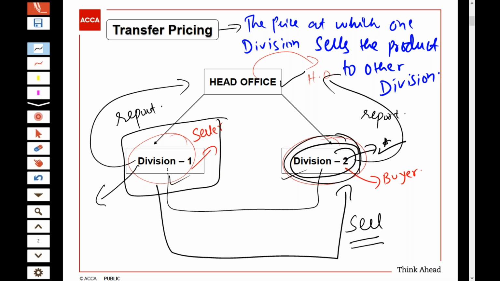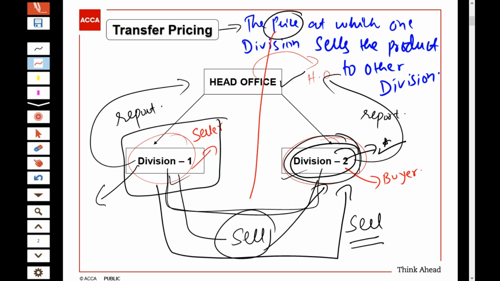So division 1 should not give the product for free. Division 1 will sell, and that transaction price is known as the transfer price. What is transfer price? Transfer price is that price at which one division will sell the goods to the other division.